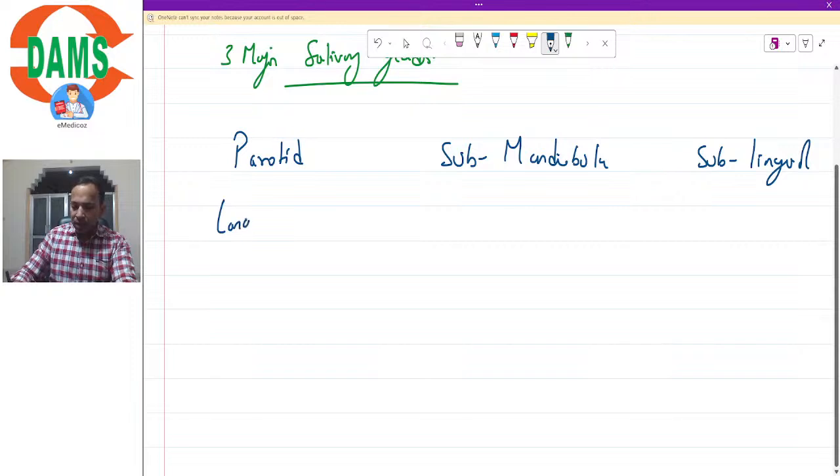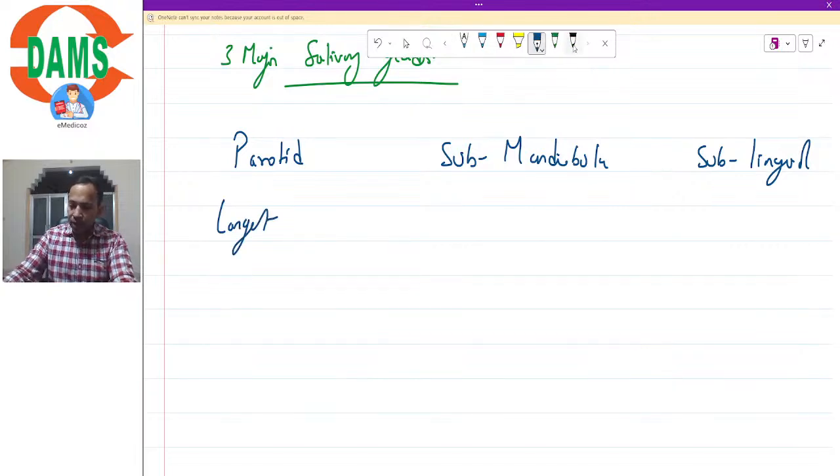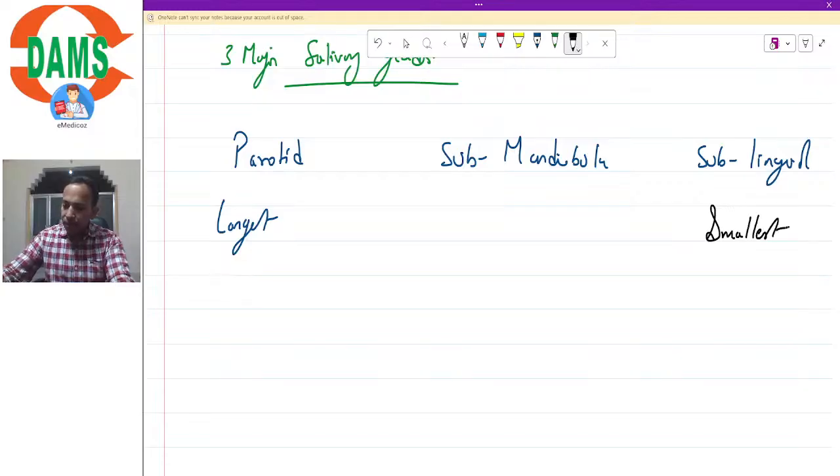Parotid is the largest, and sublingual is the smallest, isn't it? Another difference that we need to notice is that parotid is pure serous.